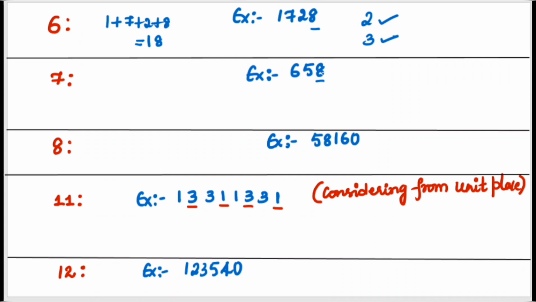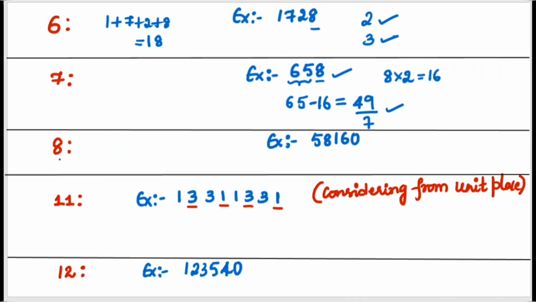The unit digit 8 multiplied by 2 gives 16. Now 65 minus 16: 15 minus 6 is 9 and 5 minus 1 is 4. We get 49. 49 is divisible by 7, so this number is also divisible by 7. This is the divisibility test for 7.